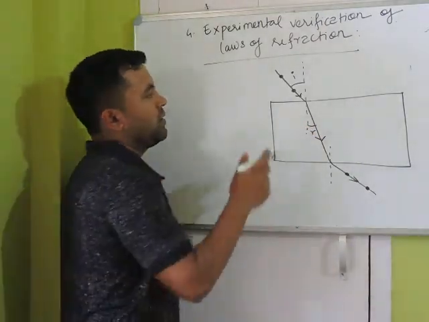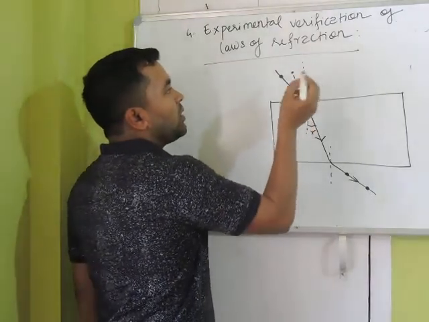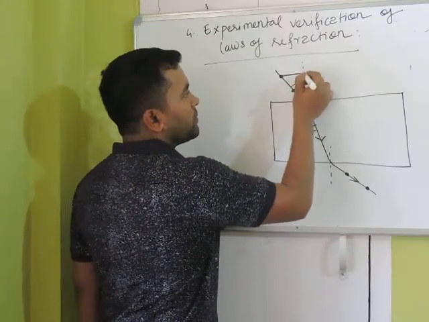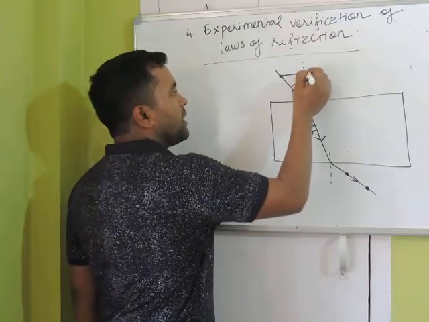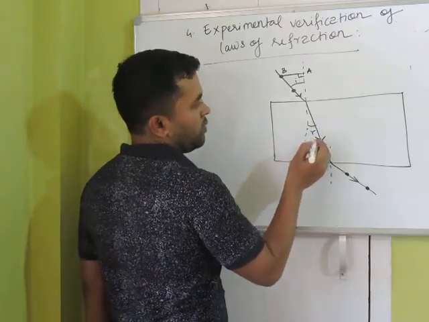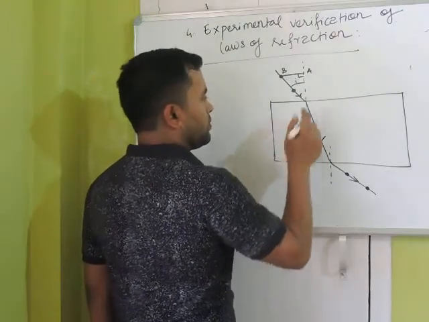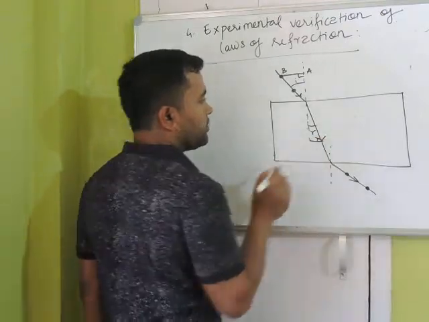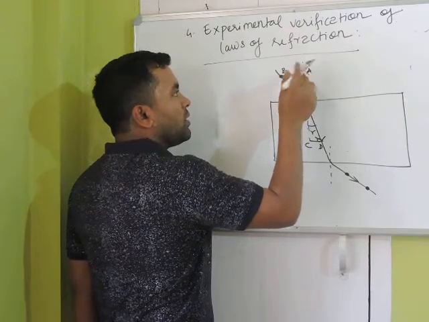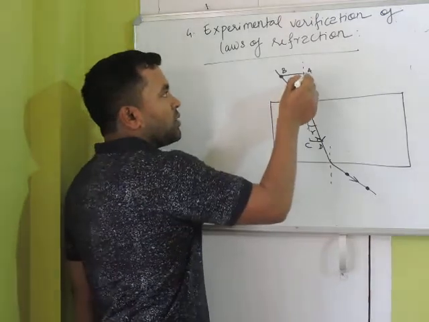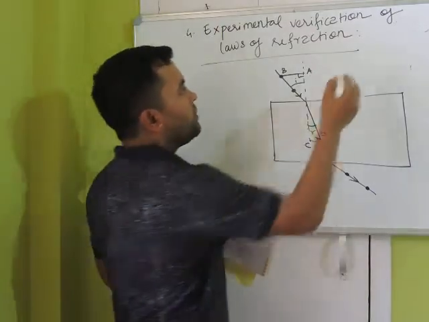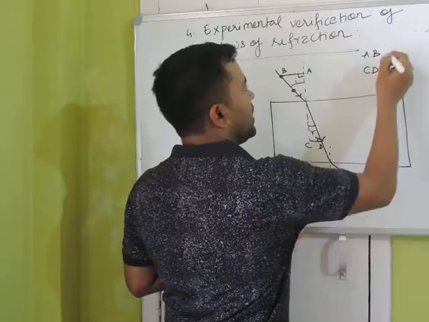Now in this case, we'll draw a perpendicular from here, let us say this is A, B, and we'll draw a perpendicular from here, and let us say this is CD, and we'll draw two perpendiculars here. So AB and CD are perpendiculars.